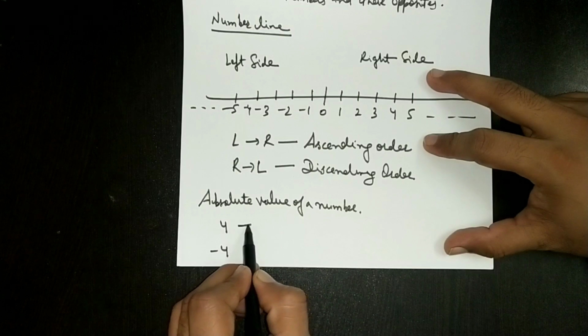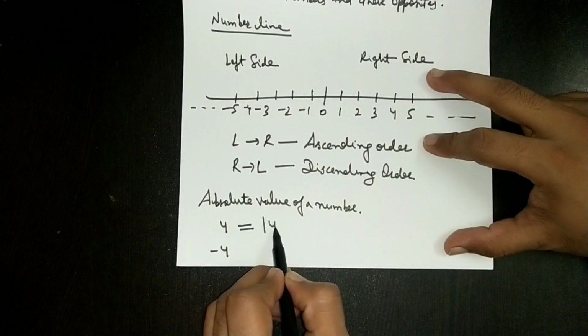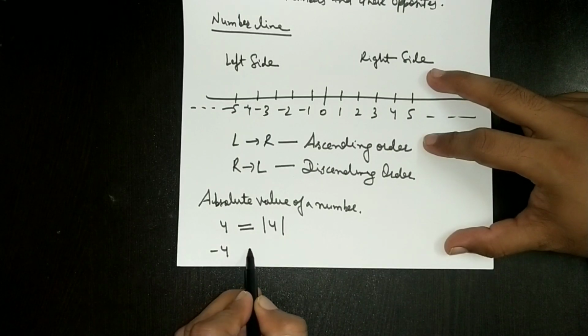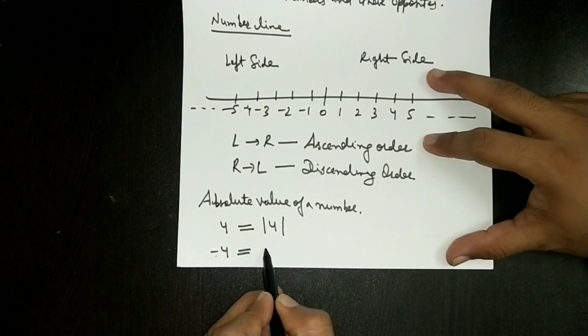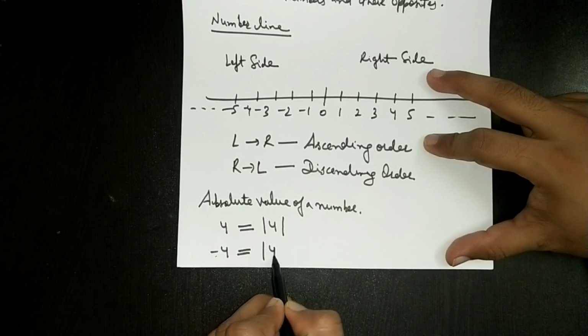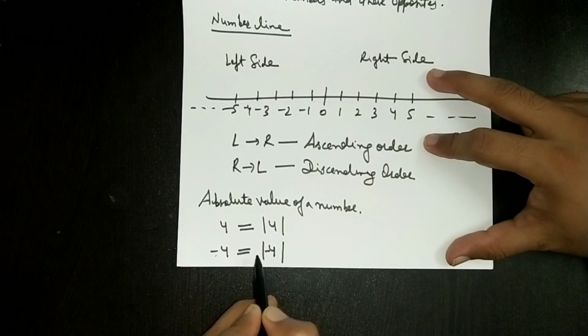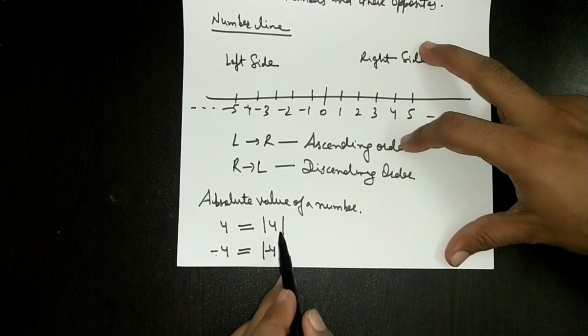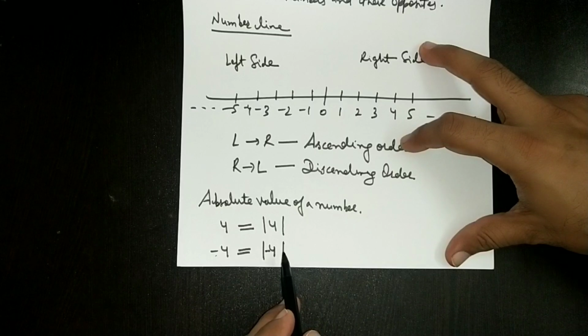So the absolute value of 4 is what? This 4 within the lines, and absolute value of minus 4 is also minus 4 within the lines. Absolute value means what? Absolute value means distance.